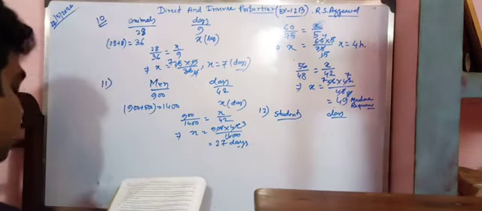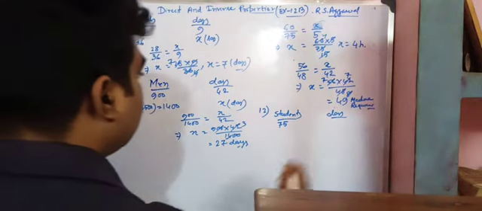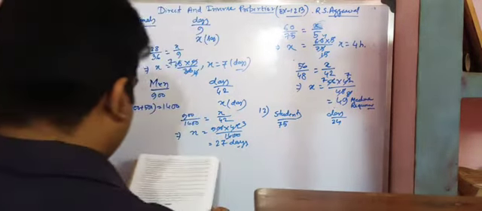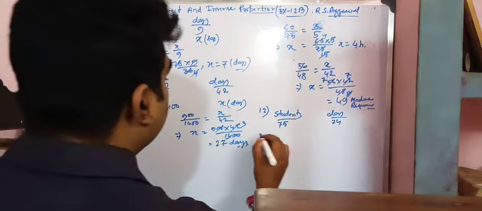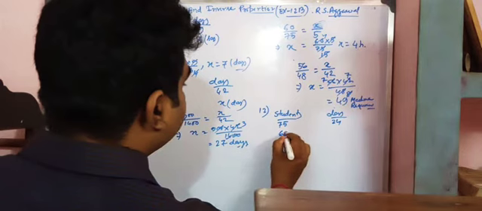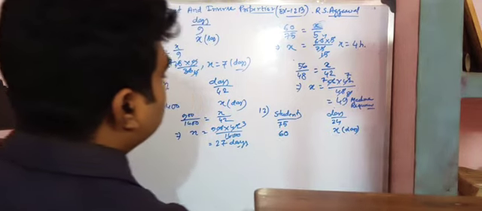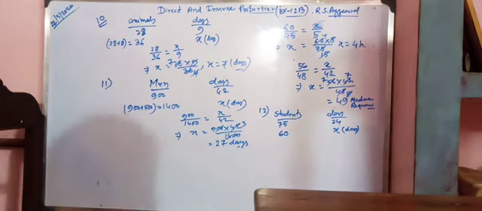My students was 75 first, and it takes 24 days. Now 15 students left. That is, my current students is 75 minus 15, that is 60 students. Let x be the days. So now we are solving, and we get the answer of x.